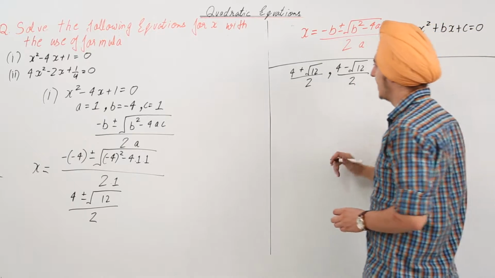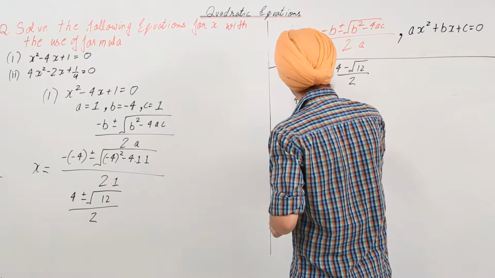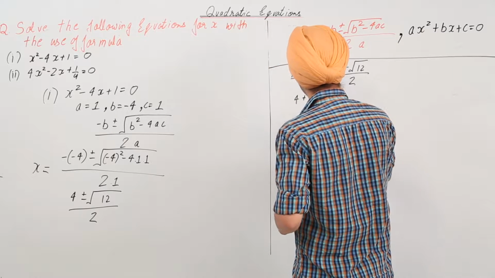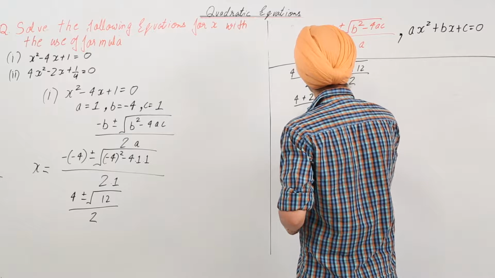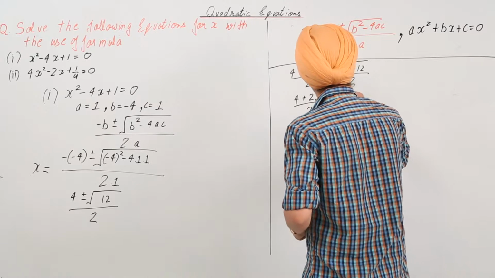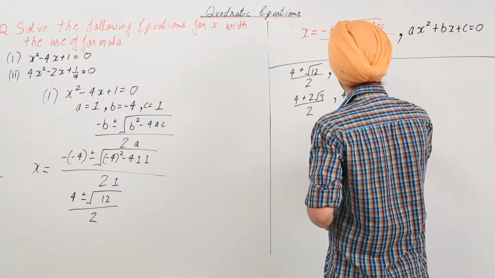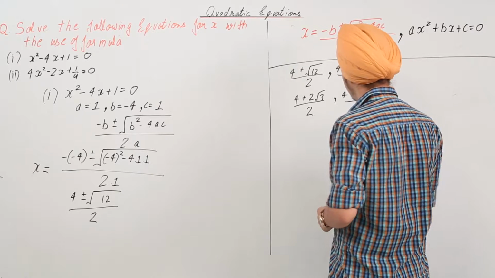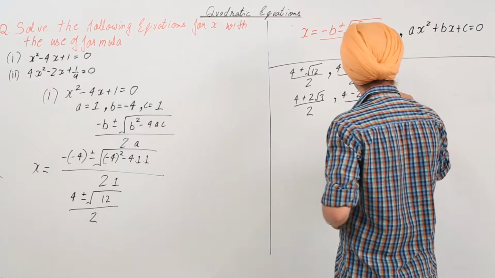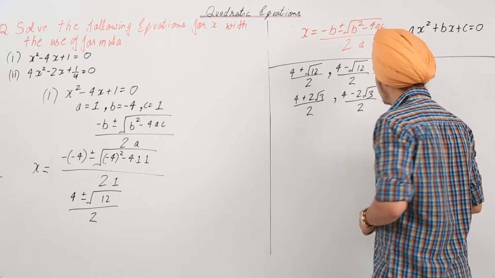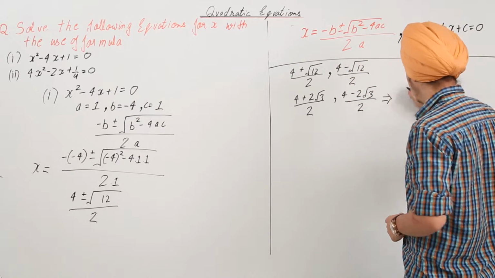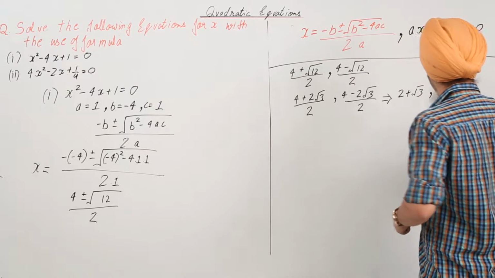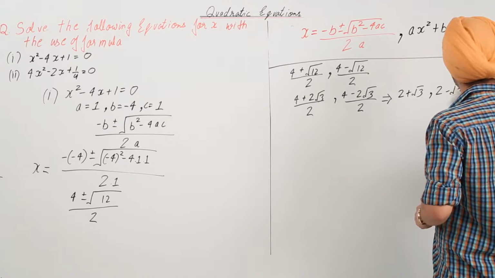Now just simplifying these values a little, we have 4 plus 2 root 3 by 2, am I right? Yes. And we have 4 minus 2 root 3 by 2. Just taking 2 common, we have 2 plus root 3 and 2 minus root 3.